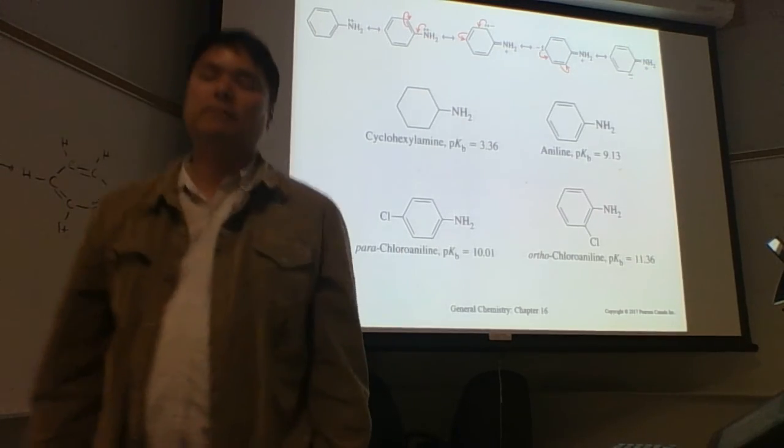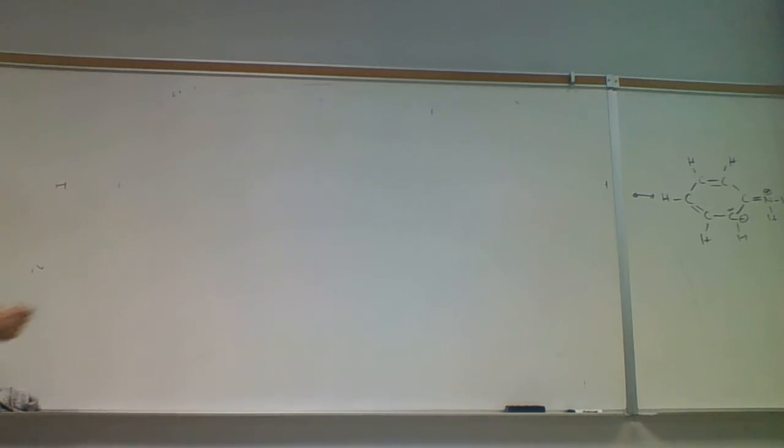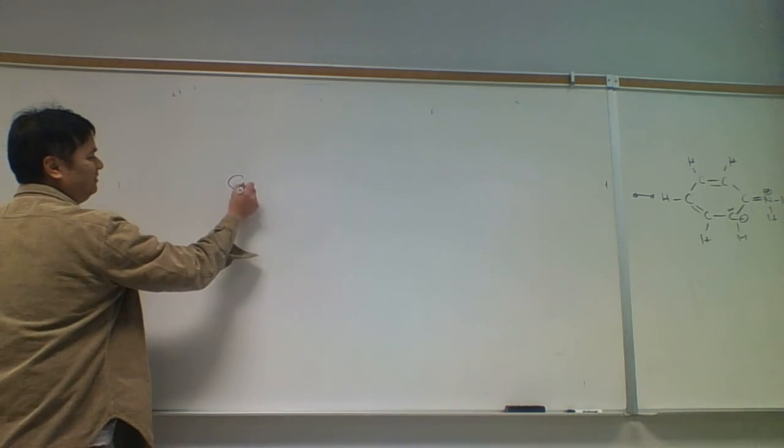And if we draw the structure of the one on the left, this is what it will look like. It's not going to be a flat ring like benzene. It's going to look like this.